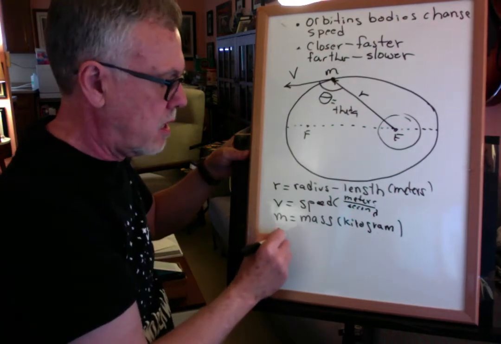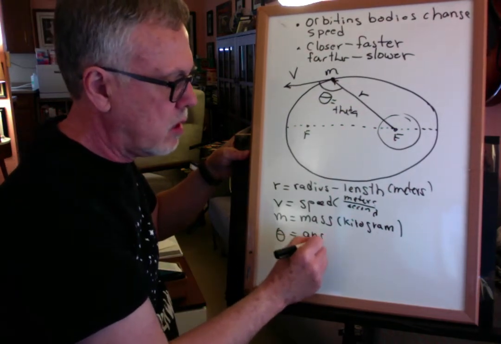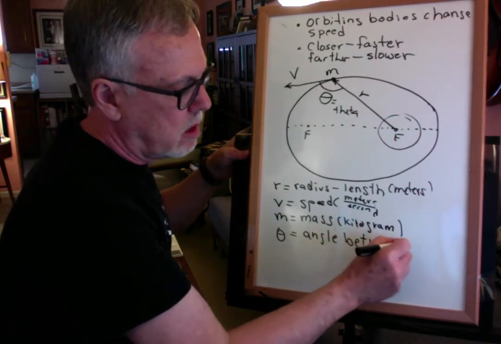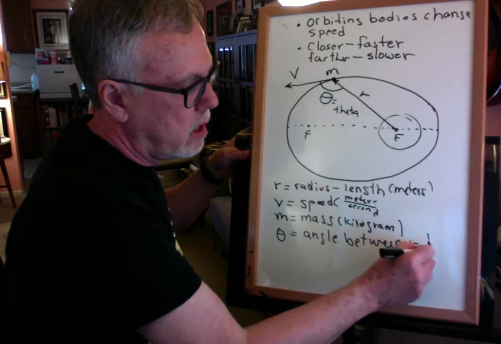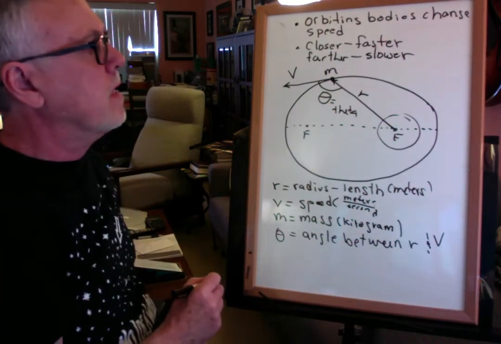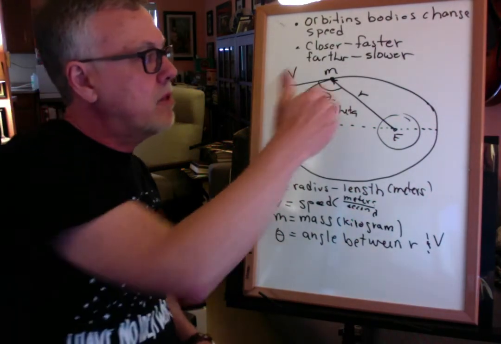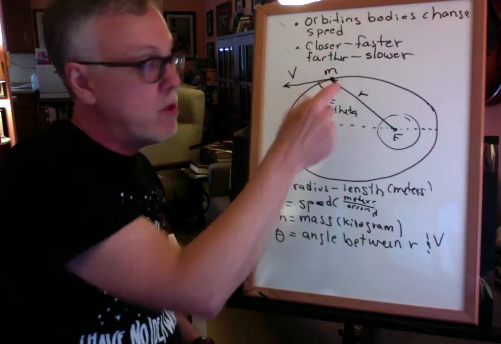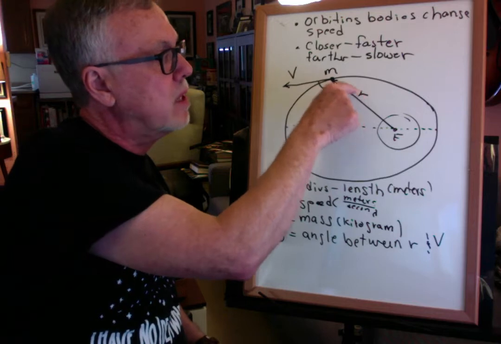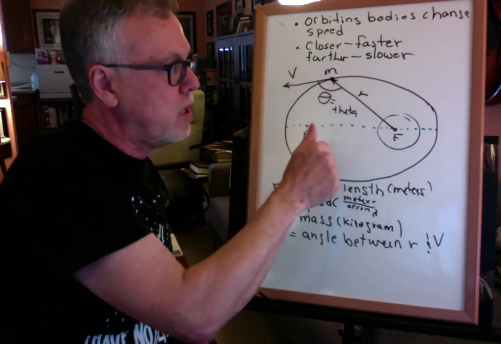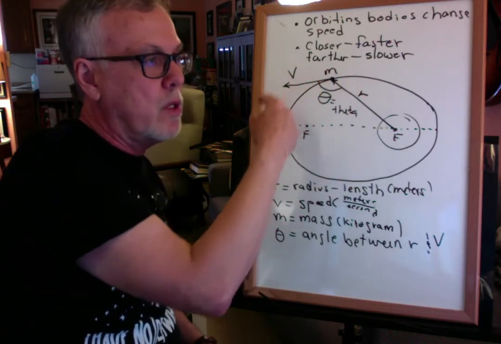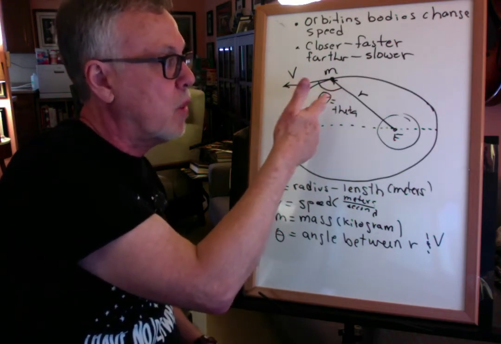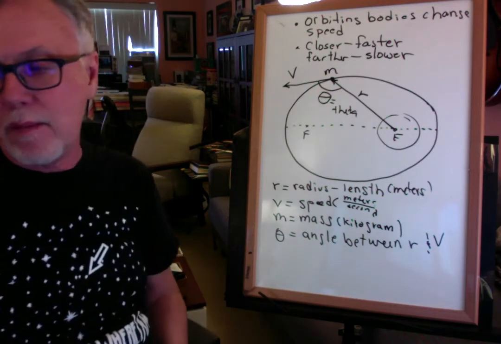So theta is the angle between R and V. Now, one thing you know is as the satellite is moving around, three things happen. One is the length R is continuously changing, the speed V is always changing, and the angle between them is always changing. The mass remains the same.